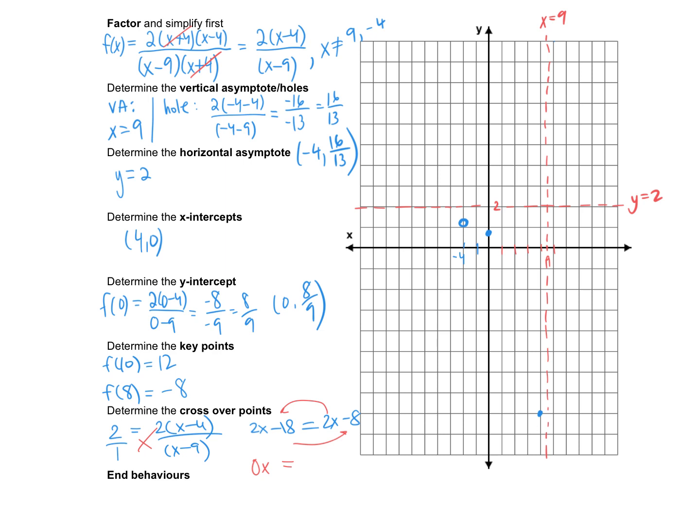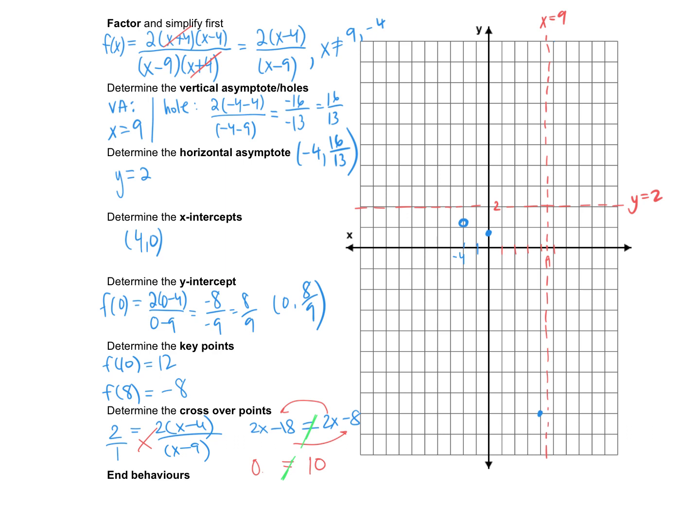And then negative 8 plus 18 is 10. And 0x is just 0. So we come to this false statement, 0 equals 10. No, it does not. This is a false statement. Because it is false, this just concludes that there actually aren't any crossover points.